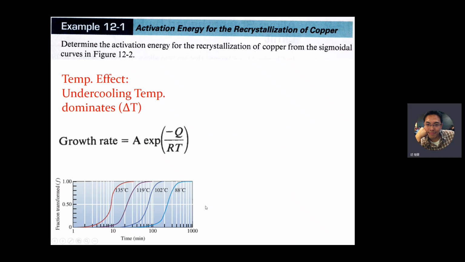So we can define this curve as the growth rate equals a constant times exponential function, minus Q over RT. What is the Q? Q is the activation energy to trigger this recrystallization reaction. The temperature effect, the supercooled or undercooled temperature, dominates this growth rate or transformation rate.